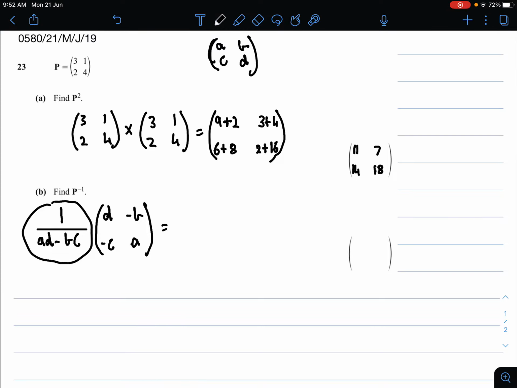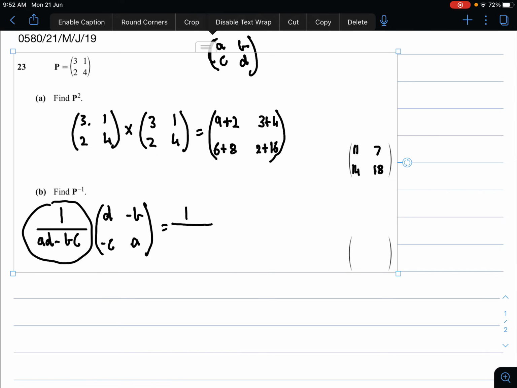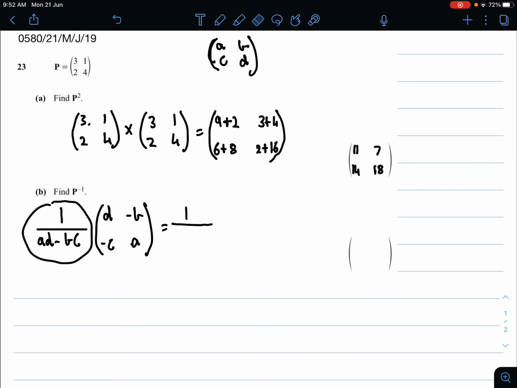So let's do that. So 1 divided by A multiplied by D, so 3 multiplied by 4, which would be 12, minus B multiplied by C, so B, that is 1, multiplied by C, that is 2, so minus 2.